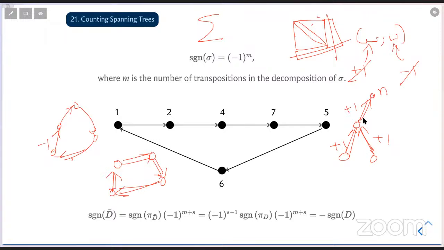But I think there was a rule which said that if you had a -1 edge, then it can only lead to a -1 edge, which means that if you have a cycle of this sort with all -1s, you could have some +1 edges hanging off it. But if you had a -1 here, then this had to become a -1, and the entire thing will become a -1 everywhere. Something of that sort.